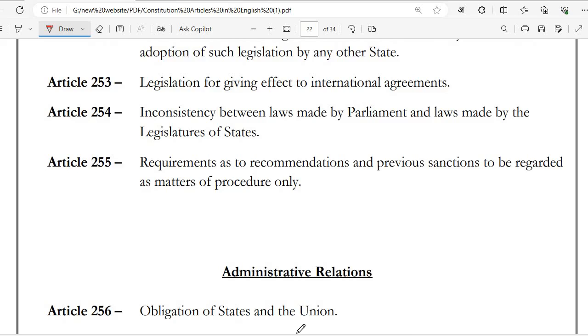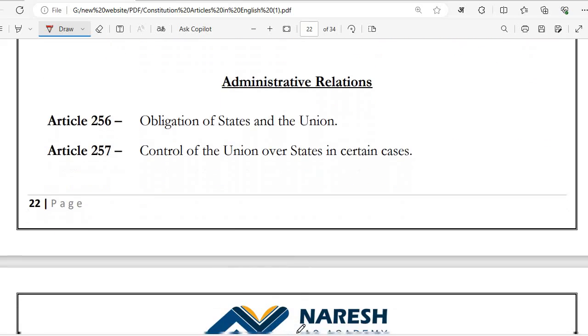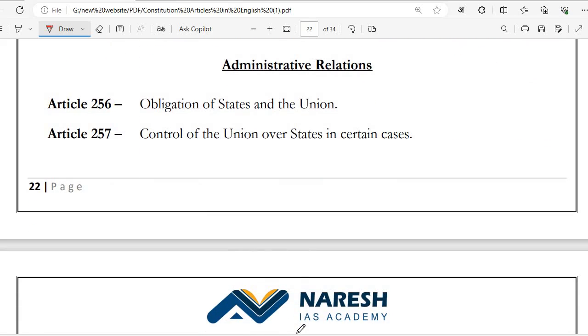254, 255, administrative relations. 256, obligation of states and the union. Control of the union over states in certain cases.